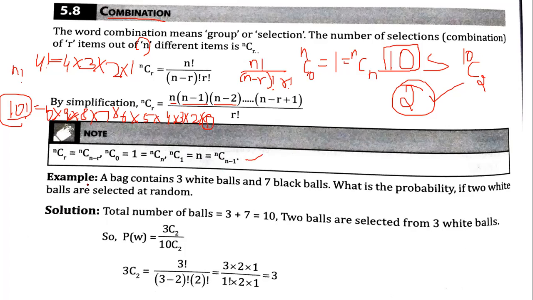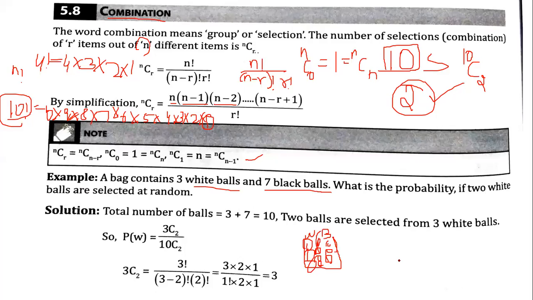So let us just see a problem of a combination for you to understand the concept better. A bag contains 3 white balls and 7 black balls.